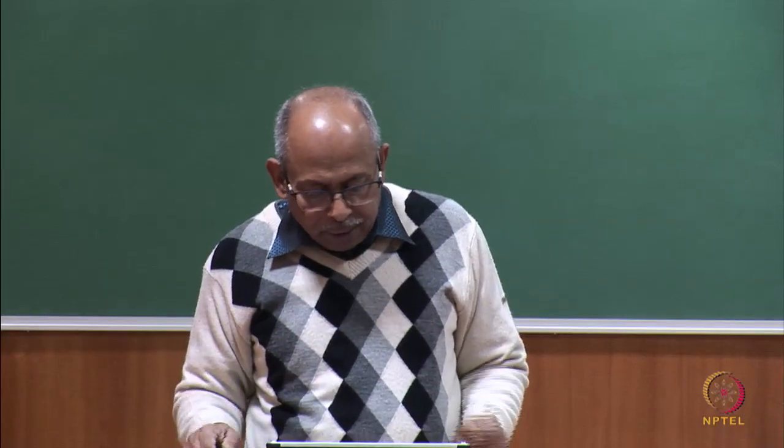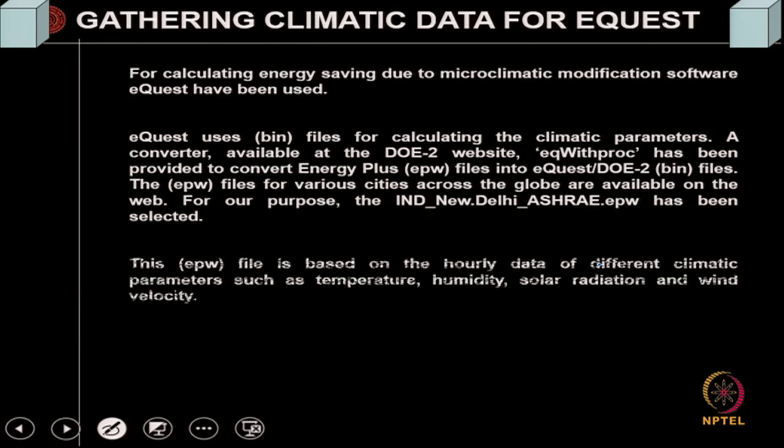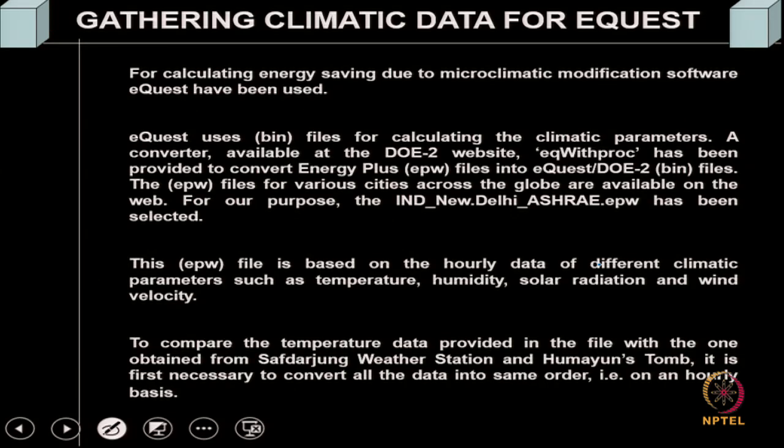And what we find is that the model predicts the measured temperature relatively well. So, that is what it is. However, it is within the range of 1 to 10, hence it is acceptable. One can actually calculate the energy saving because of this.